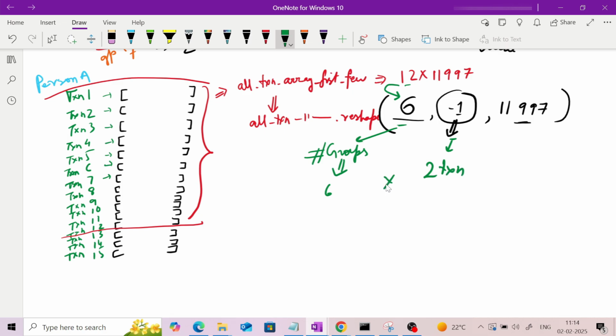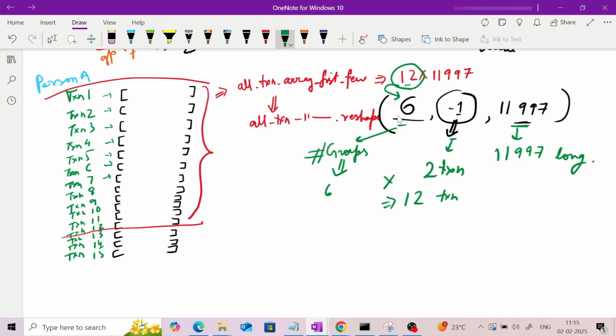Then 6 into 2 will give us 12 transactions in total, that is present over here, and the length of each of the transactions is 11,997. So that's pretty much how we are doing this reshape.